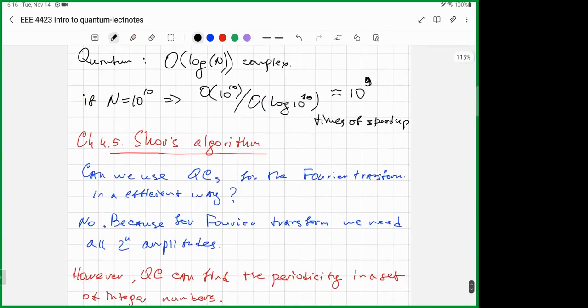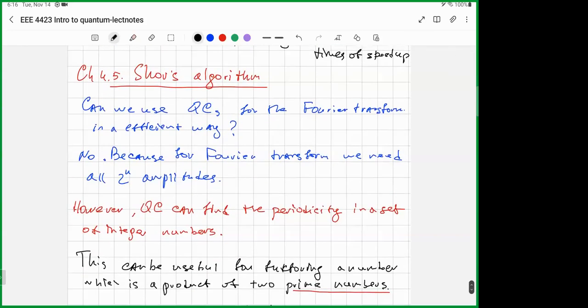So Shor's algorithm is very connected to the Fourier transform, to the problem of finding the periodicity in strings of numbers, let's say.